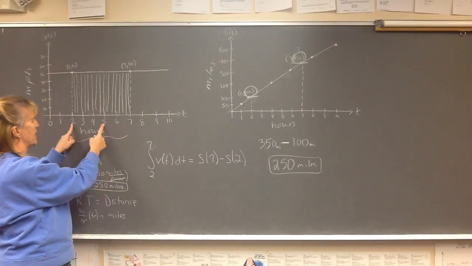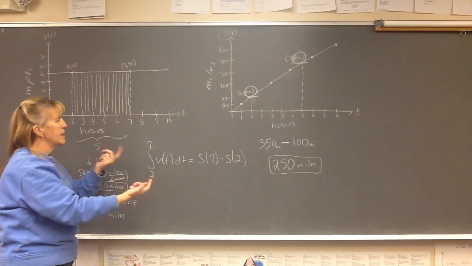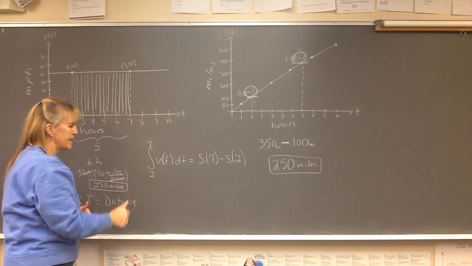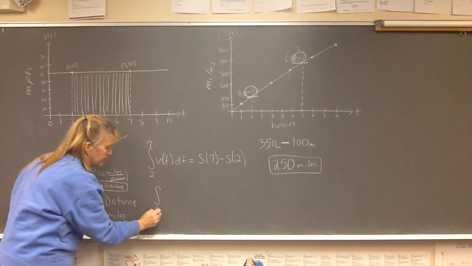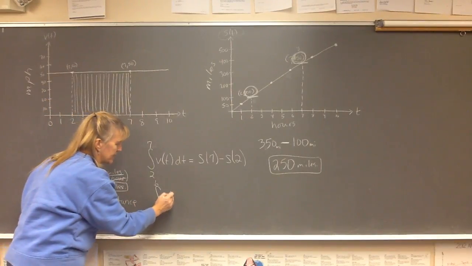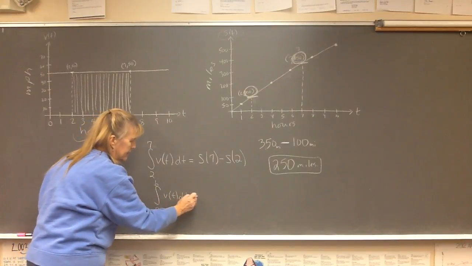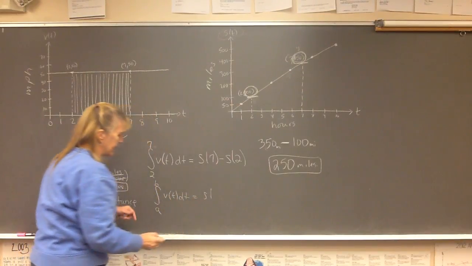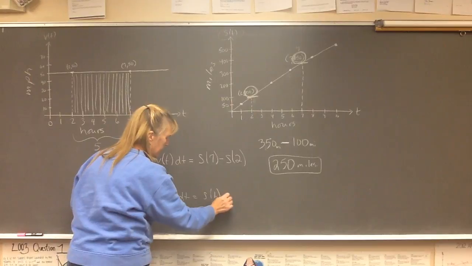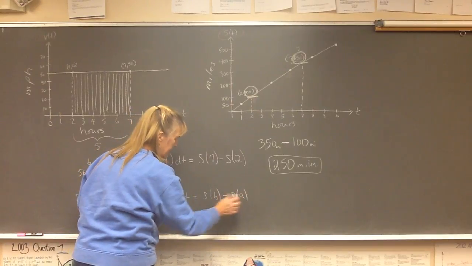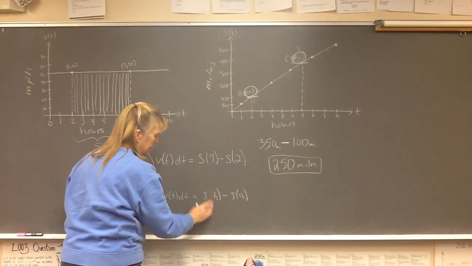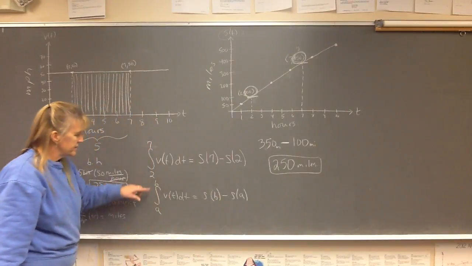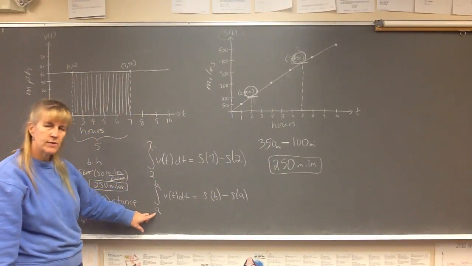I could have done 2 and 5, 4 and 9, 4 and 10, 6 and 8, any interval I wanted. So the integral between A and B of my velocity function is S of B minus S of A. B is called my upper limit, A is called my lower limit.